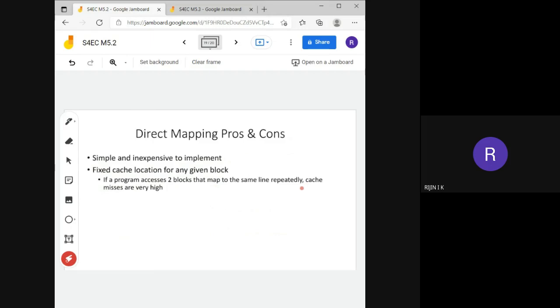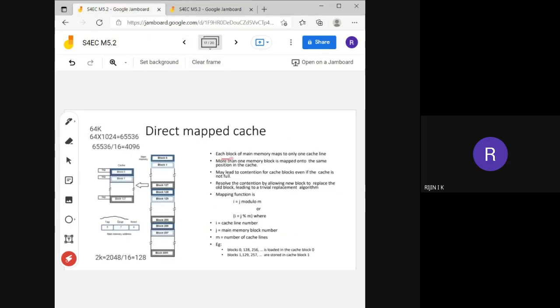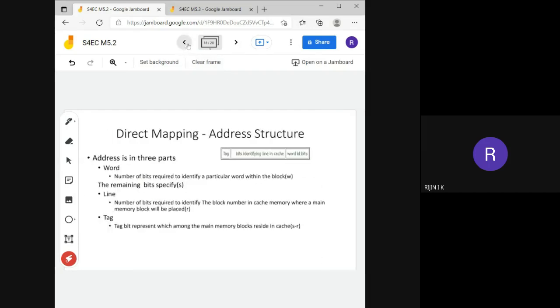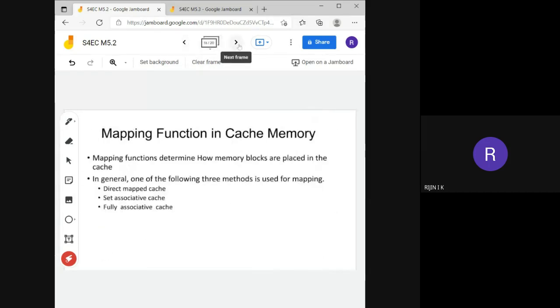Cache misses will be very high, because we studied that in this mapping each block of memory maps to only one cache line. So that is what the direct mapping technique is.